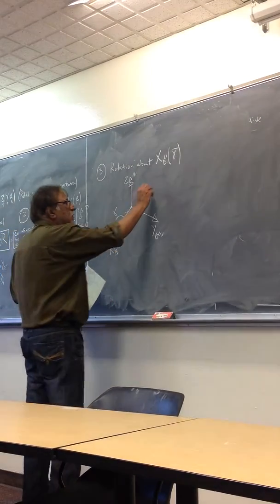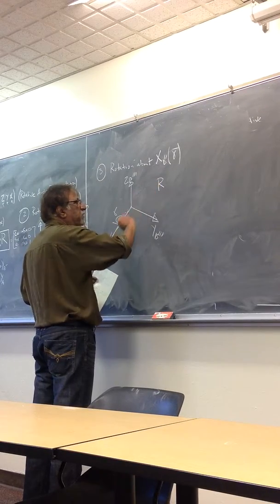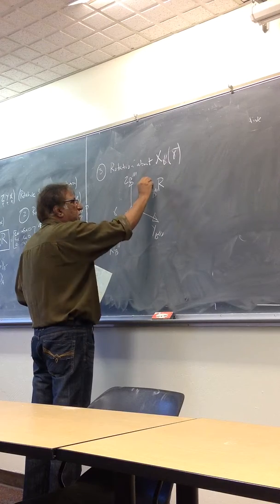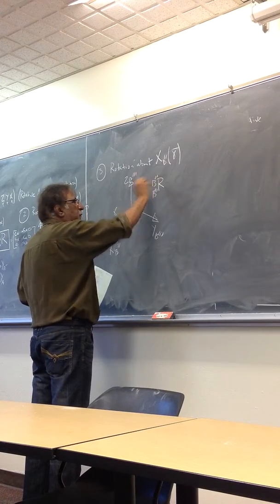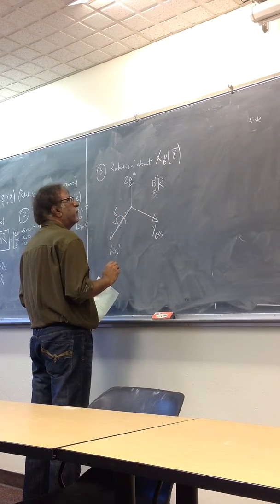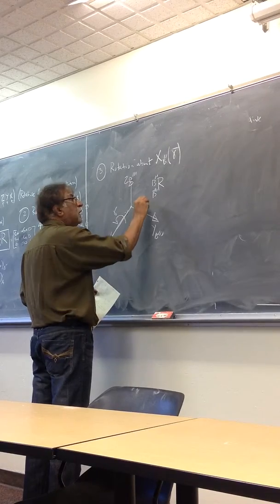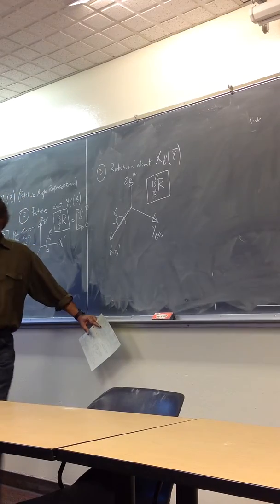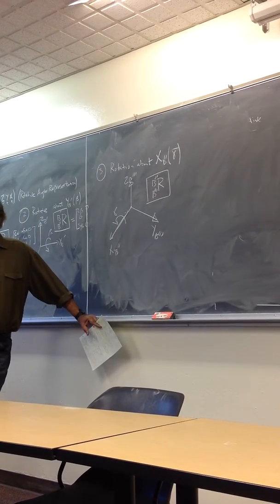And so I can then also represent my rotation matrix as b triple prime to b double prime. Right? And you know what that matrix looks like.